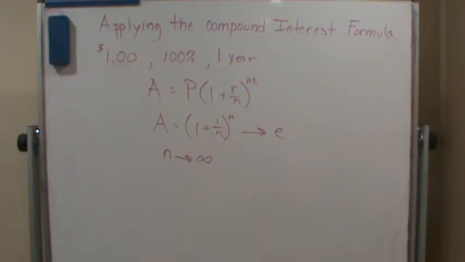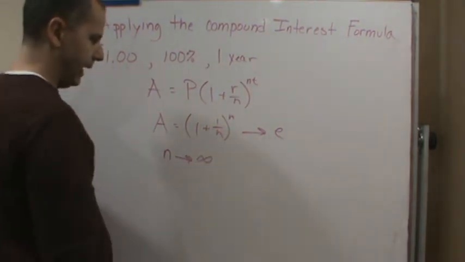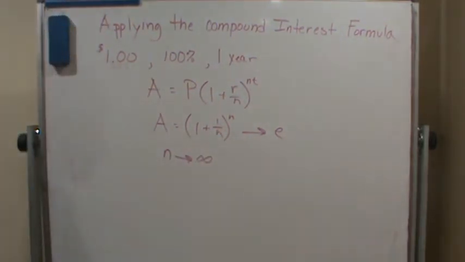As n increases without bound, this expression approaches the irrational number e. In fact, e represents this as n approaches infinity.